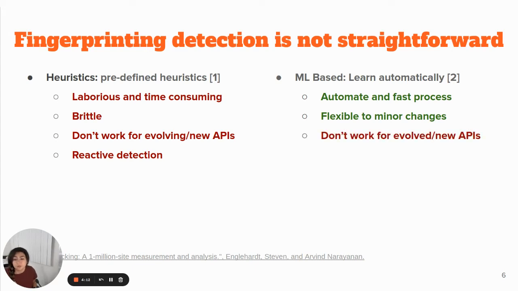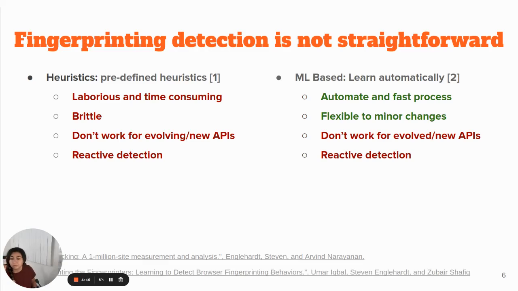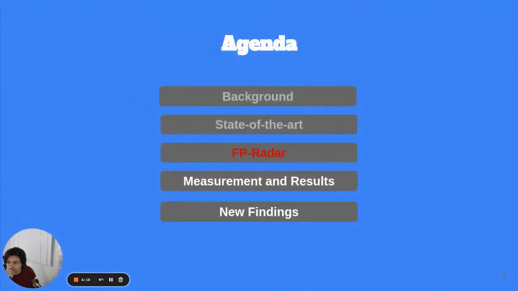However, similar to heuristics, they're not designed to detect new or evolved APIs. In summary, existing detection mechanisms are not designed to detect new fingerprinting techniques. We need approaches to detect the abuse of JavaScript APIs for fingerprinting in the future.